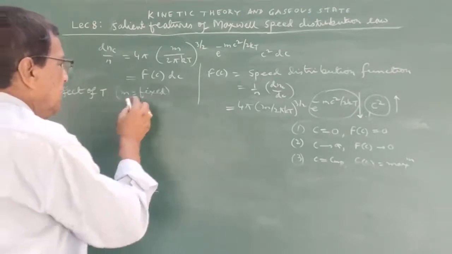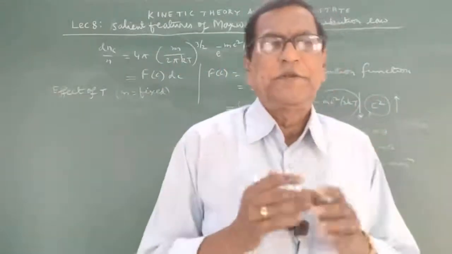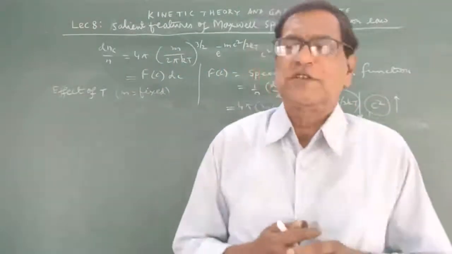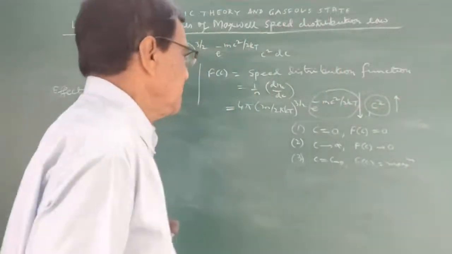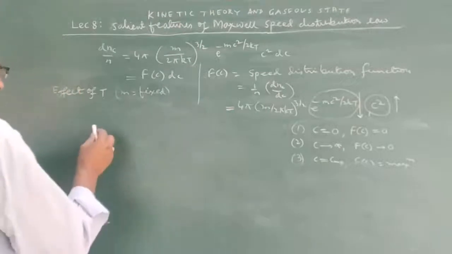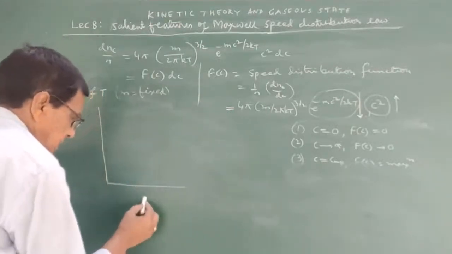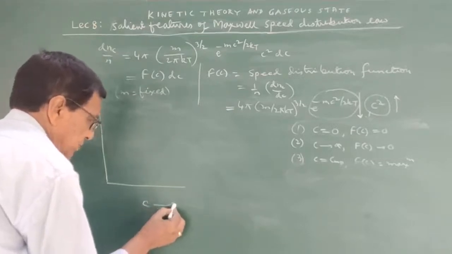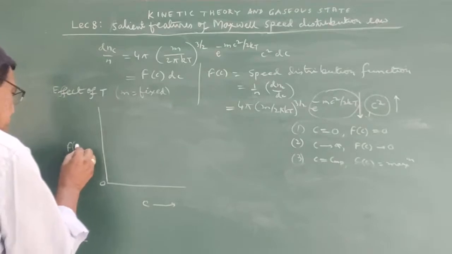For a particular gas, we would like to see what is the effect of temperature on this distribution of speeds among the molecules. So in this case, say we draw the curve, here C, the speed, here the origin, and here it is f(c).